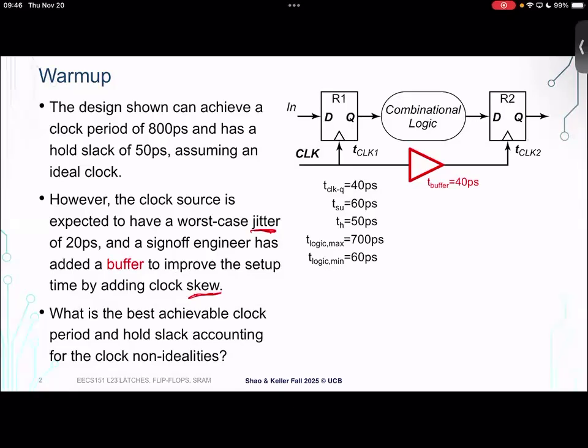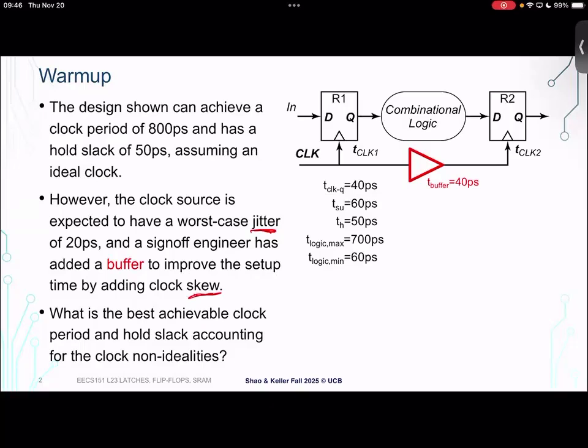Jitter is variation in time: the clock arriving at a slightly different time each cycle. This warm-up asks you to account for those non-idealities and understand how they impact the setup and hold time of this path.